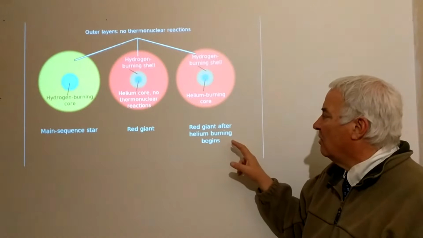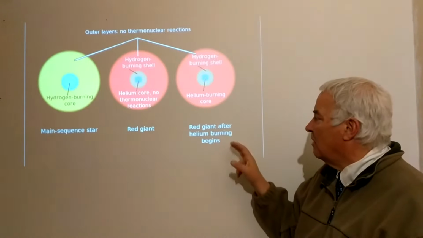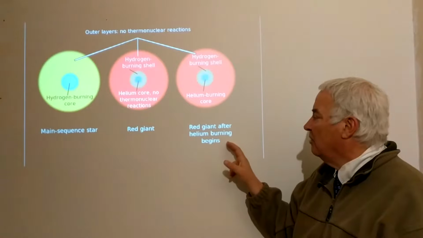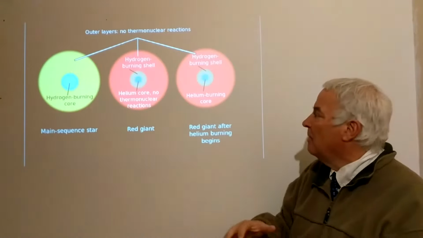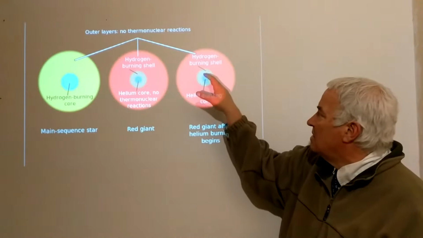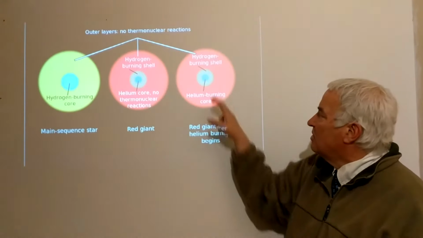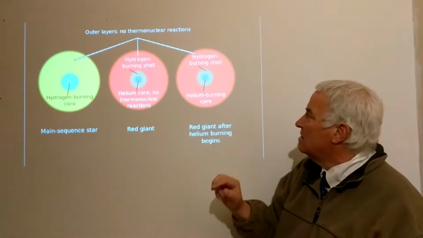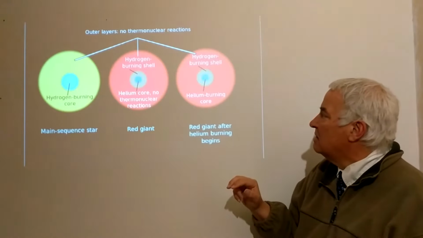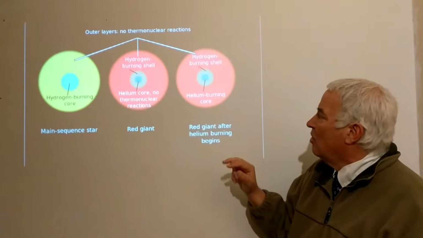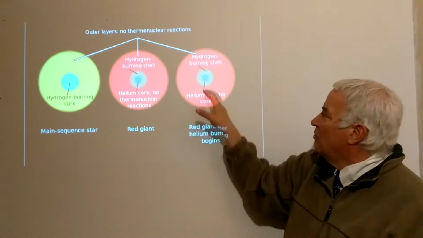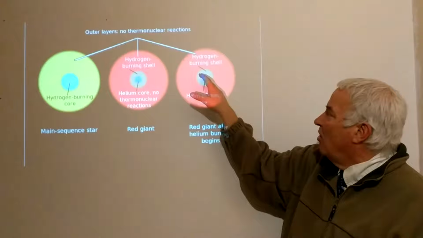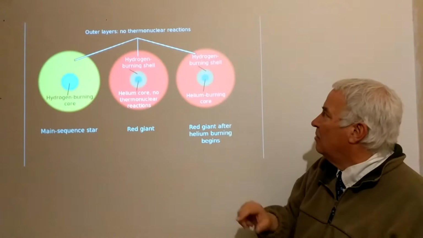Then after the helium flash occurs, the red giant star, after helium burning begins, the fusion of helium into carbon is taking place in the core. So this blue region in both places, there is the core, but in this case there's no thermonuclear reactions, but in this case that's where the reactions are taking place.